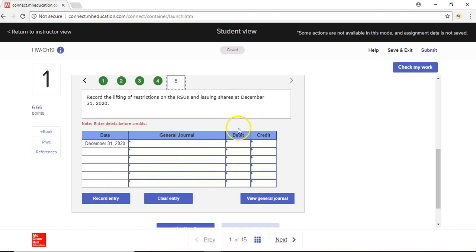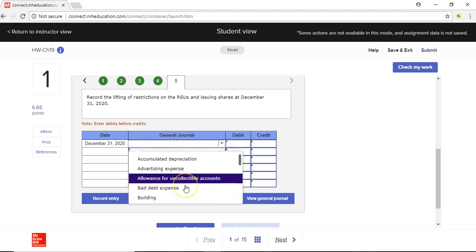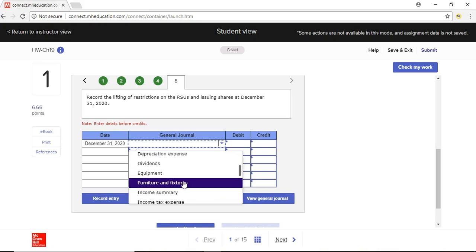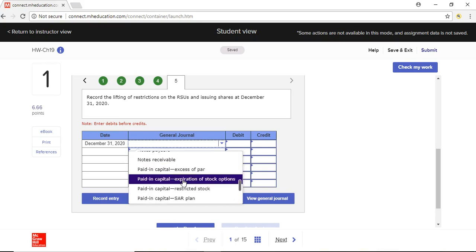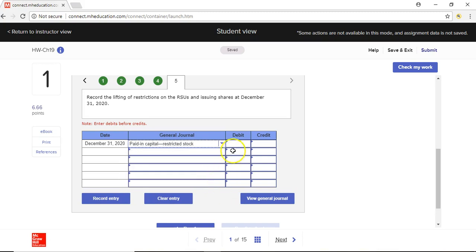And after 3 years, the executive has served the company for 3 years, so he is eligible to change those units into real stock. So we will retire the paid-in capital restricted stock account for totally $30 million.